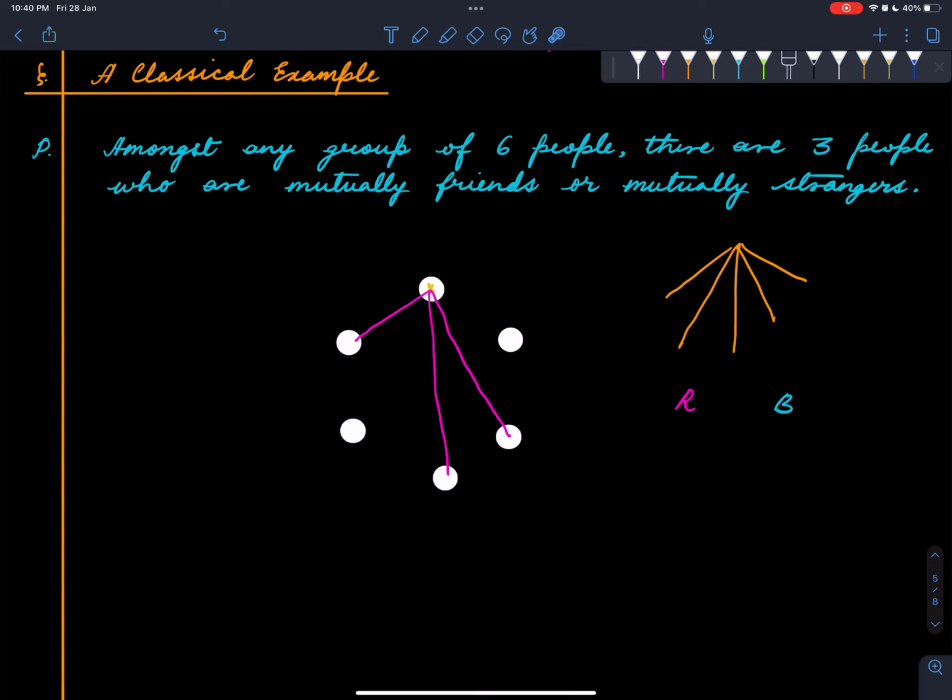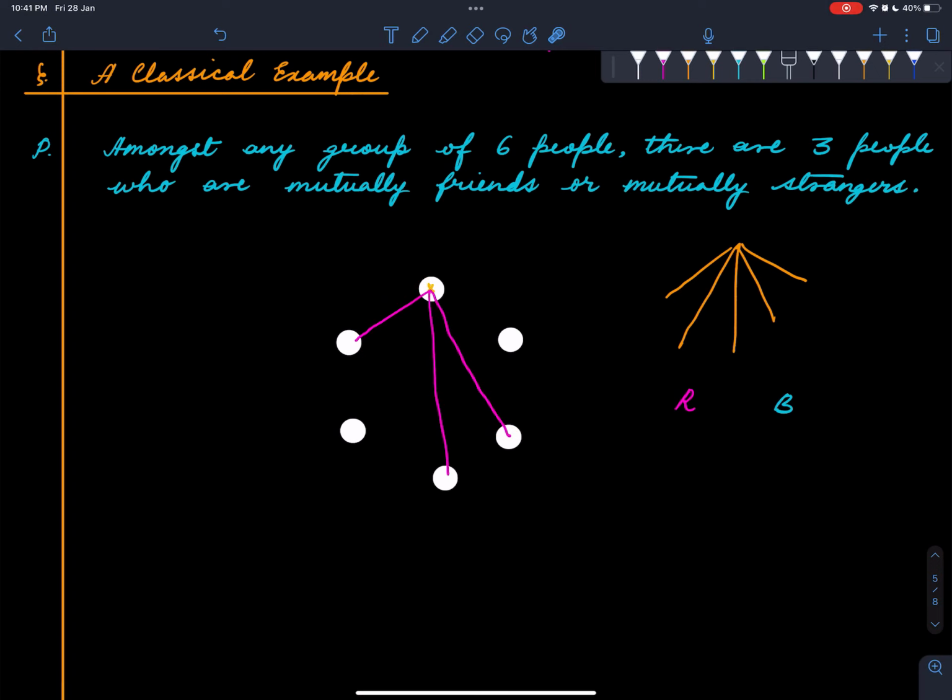Now if this edge were also red, then we would have a red triangle, and that would mean that these 3 people are mutually strangers pairwise. If this is red, then we have a red triangle. And similarly, if this is red, then we have a red triangle. So in either of these 3 cases, we will be done.